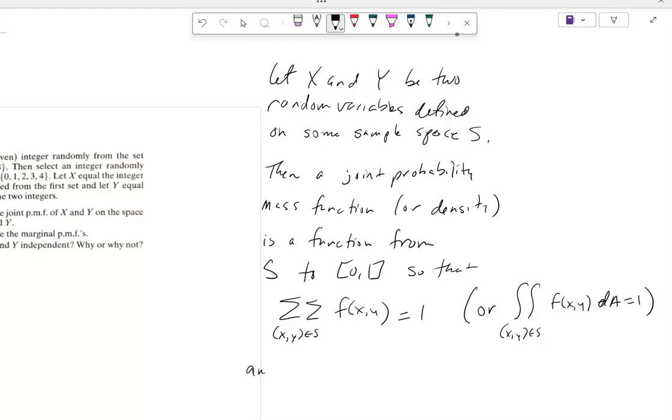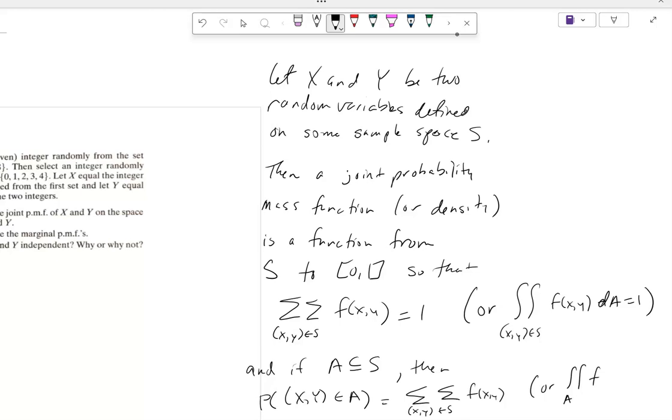If A is a subset of S, then the probability that our (X, Y) is in A will be the double sum over A of f(x, y), just like we did before, or we'll do the double integral over A, dA. Either we'll do it with a double sum or we'll do it with a double integral.